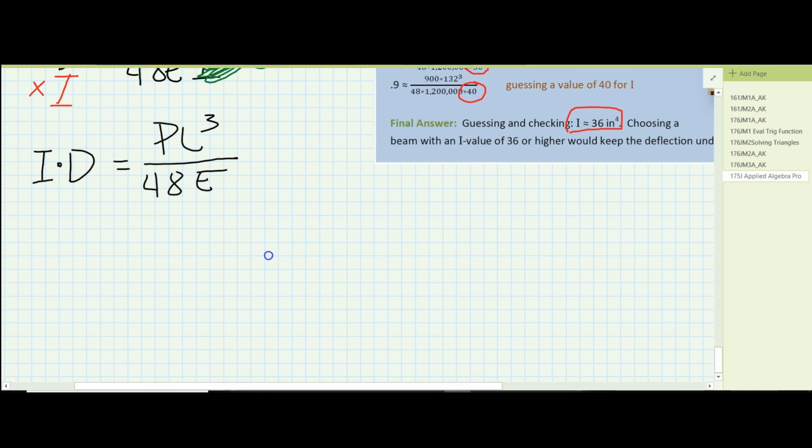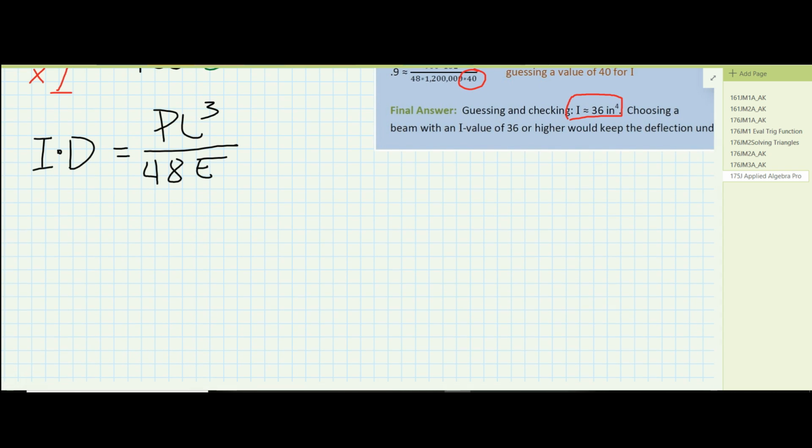So then we just have one more step to get I by itself on the left side. We need to move D to the right side now. And now D is being multiplied on the left side.